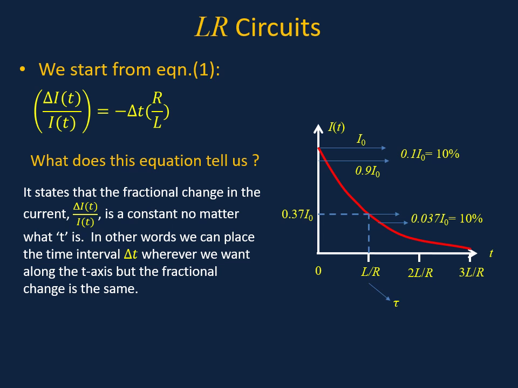Whenever you have this sort of dependence where the change in the value at any given time depends on the value itself at that time, you get a function that's exponential in nature. Exponential behaviors are very common in physics as well as in other parts of science.